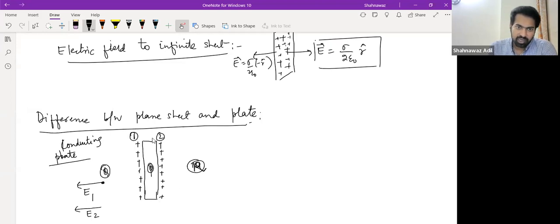Yes, sir. And for this case also, at R point, this would again be E1 and E2. Is that clear, guys? One would again be repulsive, and this is also repulsive. Clear, guys? Yes, sir.